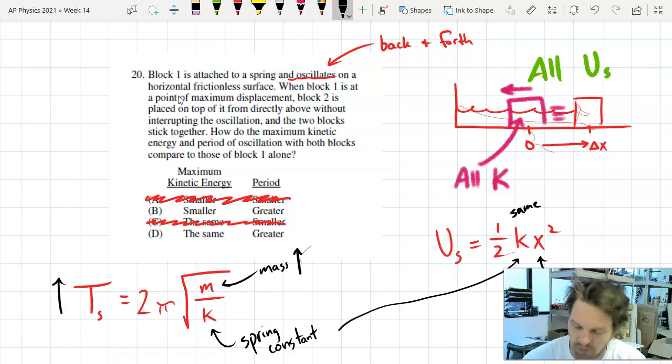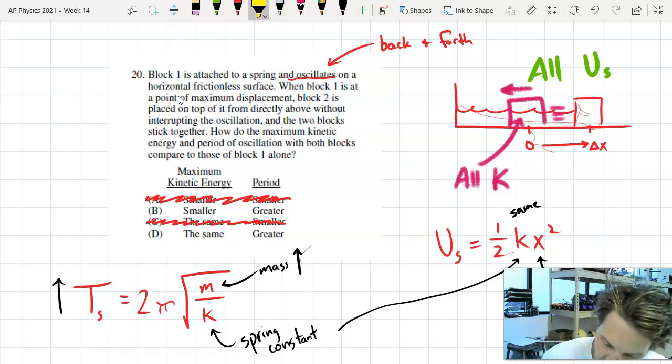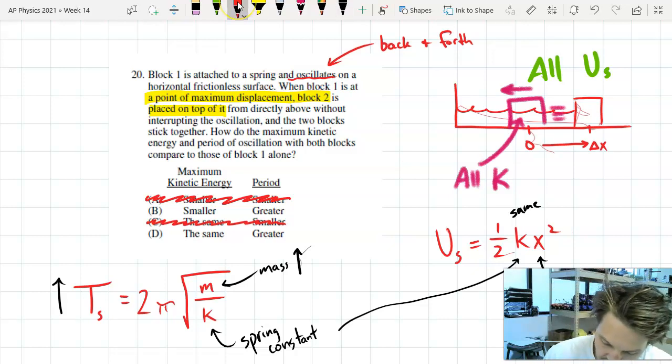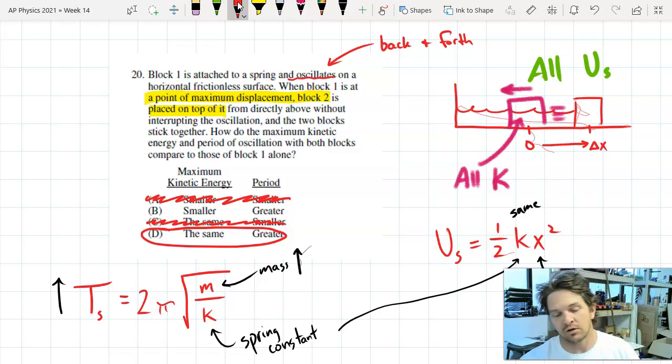And then the amount it's stretching, well, they said that it's at the same maximum displacement when block 2 is placed on top. So this is the same also. So nothing changed about the spring energy, so nothing is going to change with the maximum kinetic energy it has. So the answer would be D. It's the same kinetic energy with a bigger period.